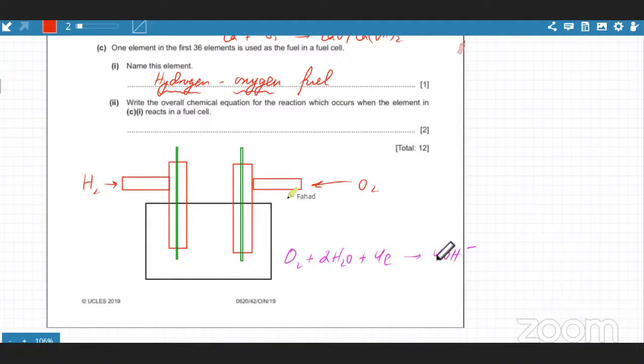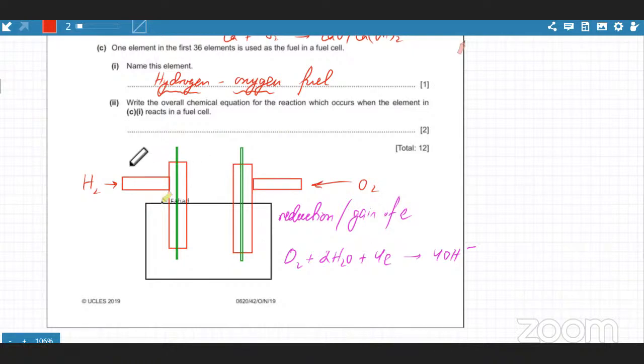With a gain of electrons, reduction happens. If there's a gain of electrons over here, this side would become electron deficient, because oxygen is going to take up all the electrons. So the platinum electrode would be short of electrons and will have a positive charge.